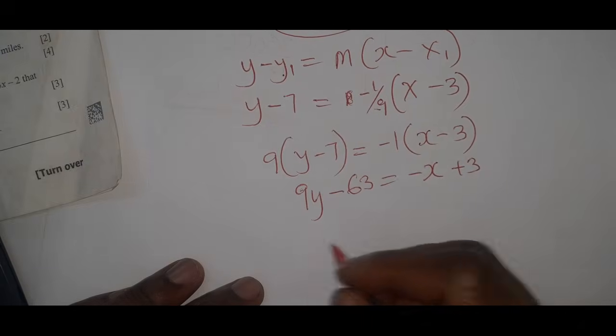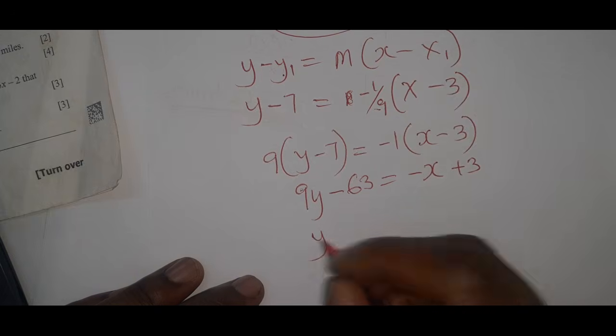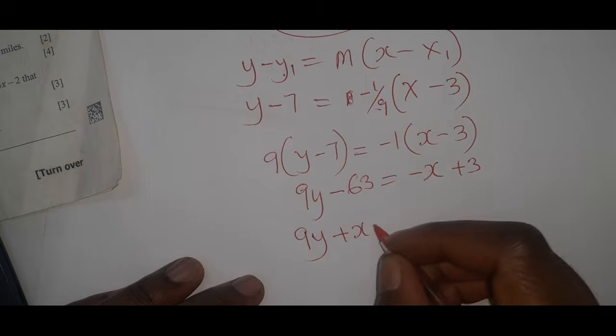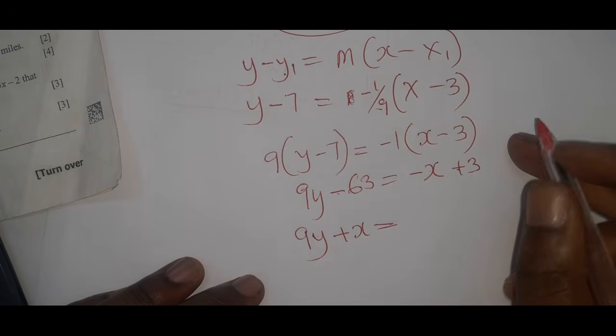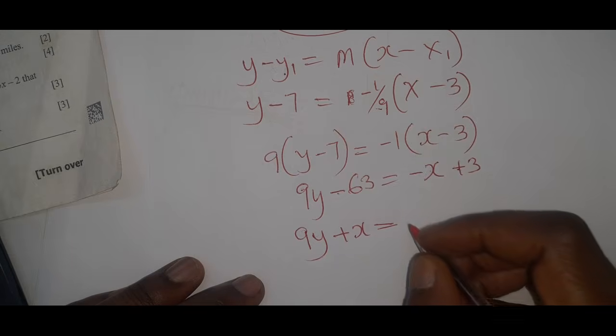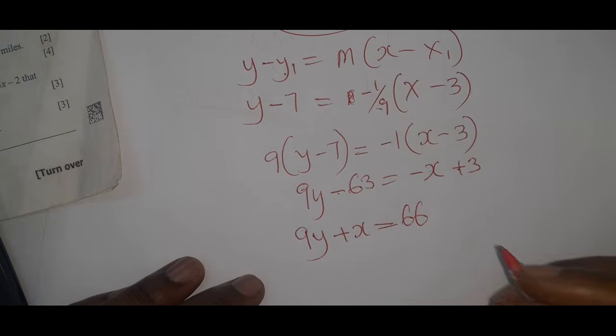Then we can rewrite this one as 9y plus x is equal to, here we have 3. Also this one, when it goes the other side, it will be plus 3. So this is going to be 66.